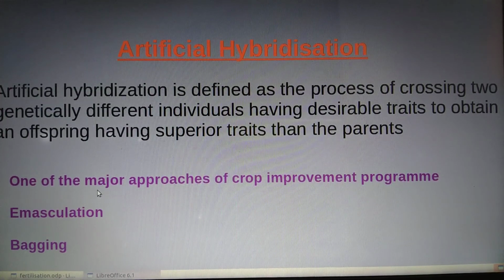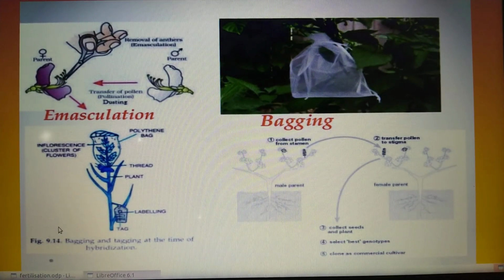This is one of the major approaches of crop improvement programs. Two important steps in artificial hybridization are emasculation and bagging. The first step is the selection of parents, that is one male parent and one female parent.